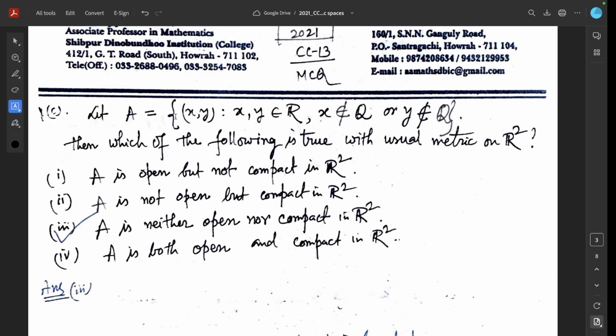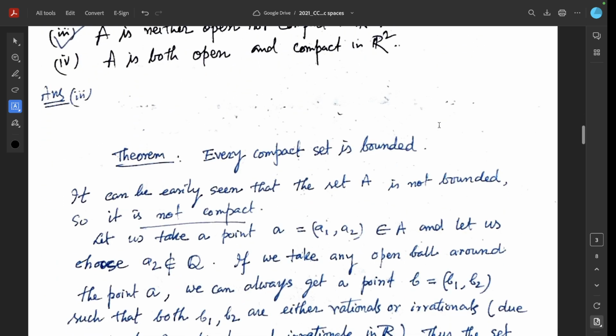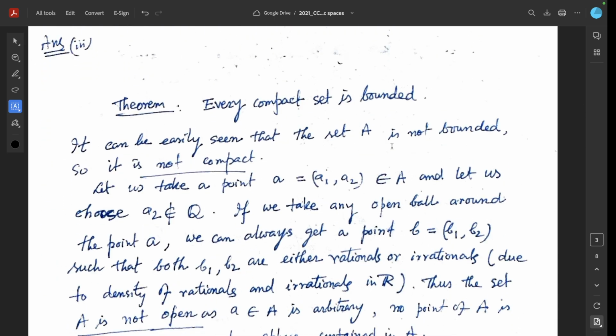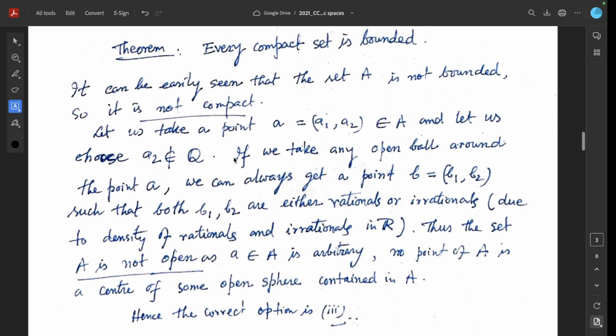This set A is the set of (x, y) belonging to R², where either x is irrational or y is irrational. So obviously this set is not bounded, so this set A is not compact.